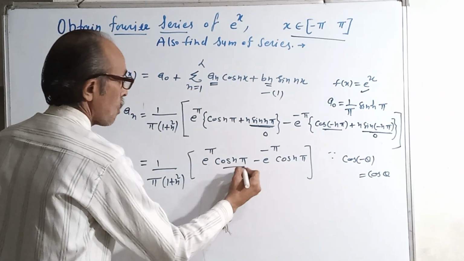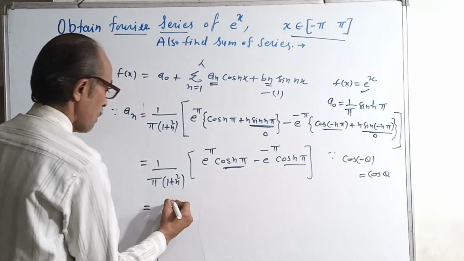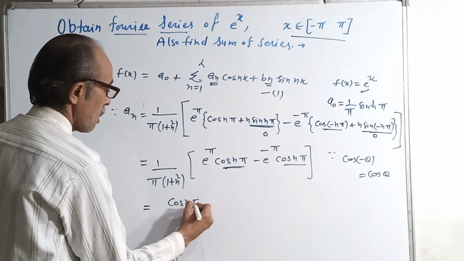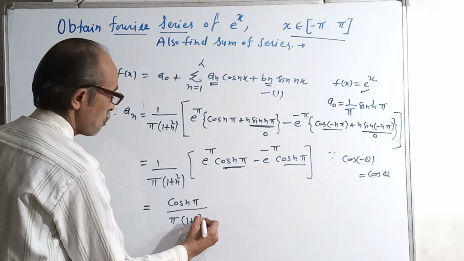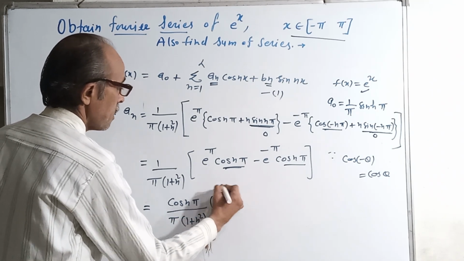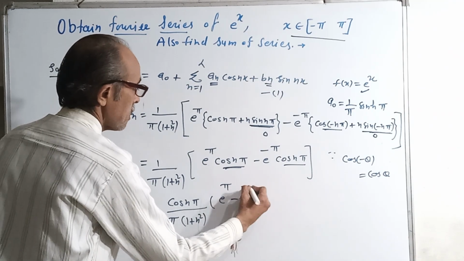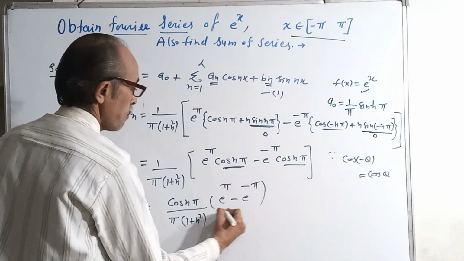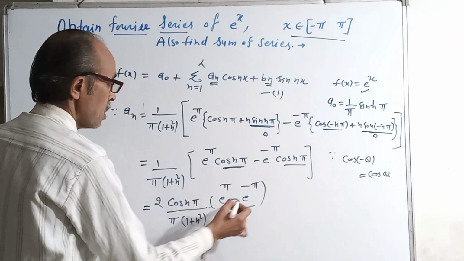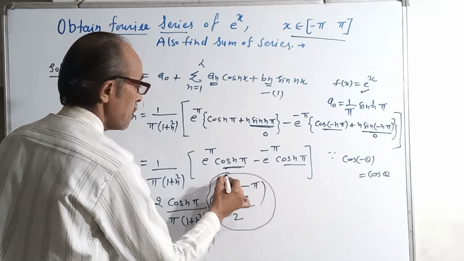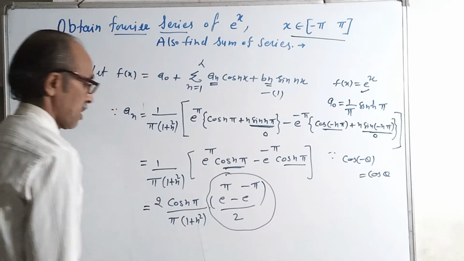Now common is cos(nπ), then cos(nπ) divided by π multiply (1 plus n square), and here e raised to π minus e raised to −π. We multiply numerator and denominator by 2, then this value changes into sine hyperbolic function.